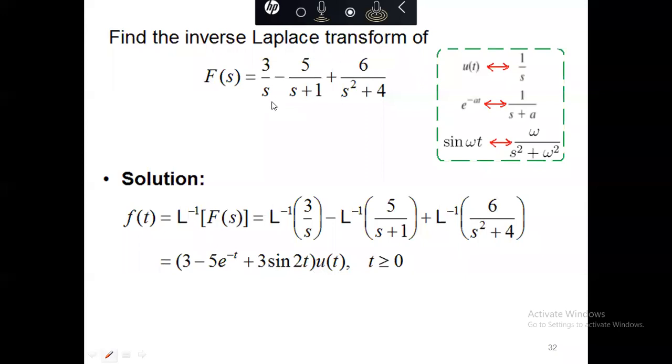So this Laplace transform is given in the form of partial fractions. If we don't have the partial fractions, first we take the partial fraction expansion of the given Laplace transform, and then we take the inverse Laplace transform. So we see an example.